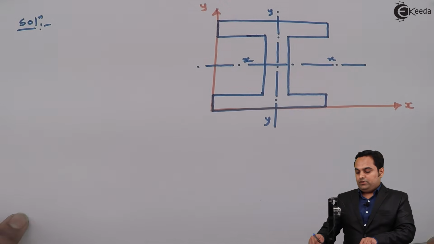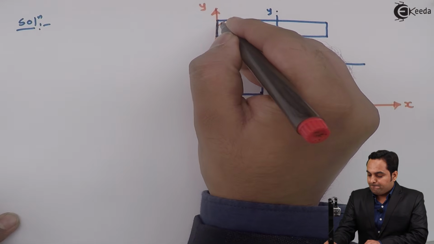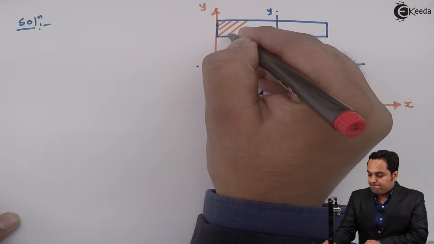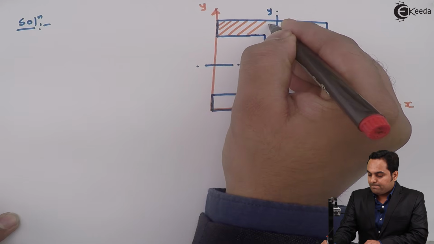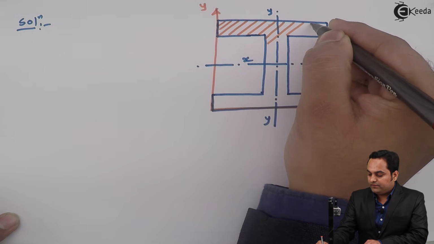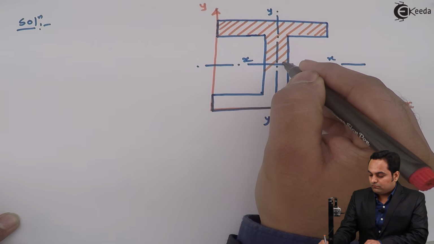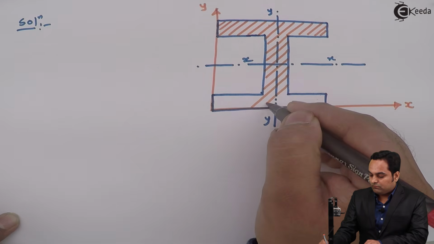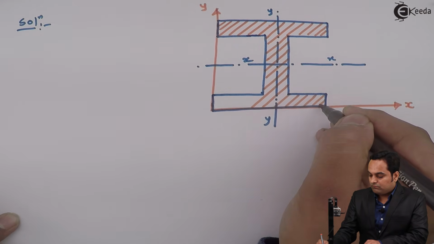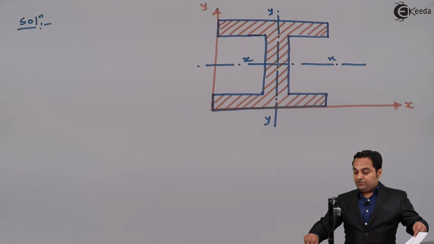Now, here they have given an I section. So here we have material only in this section. Next, the dimensions are given.